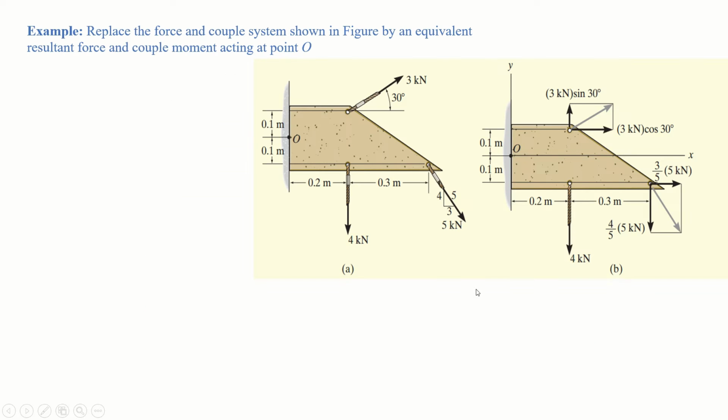We will now solve this example to understand the concept of a force couple system. In this figure, it asks you to replace the force and couple system shown by an equivalent resultant force and couple moment acting at point O. You can see that there are three forces acting on this body.